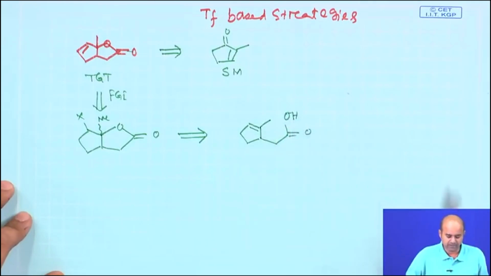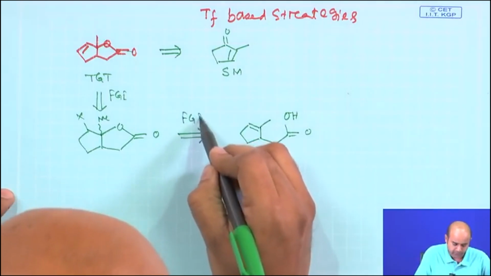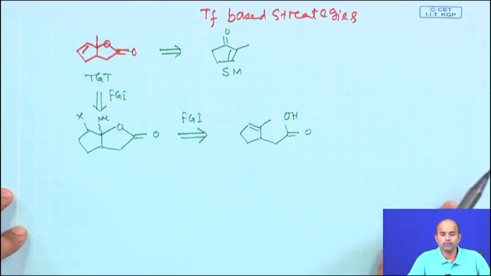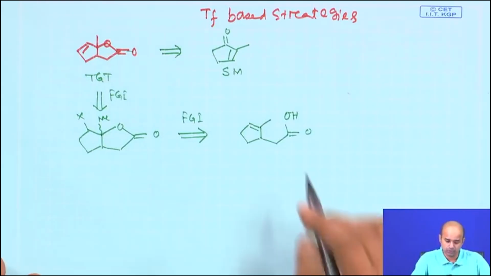Now, why did we draw this retro? We have already talked about a reaction named halolactonization. We say halolactonization is a very useful reaction where you first make a bromonium or halonium ion, then you have an internal or intramolecular nucleophile which attacks the bromonium ion to give you these things.